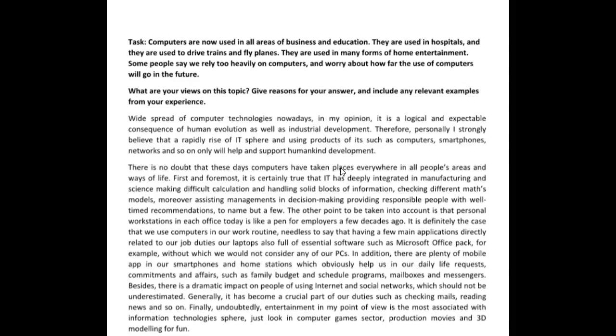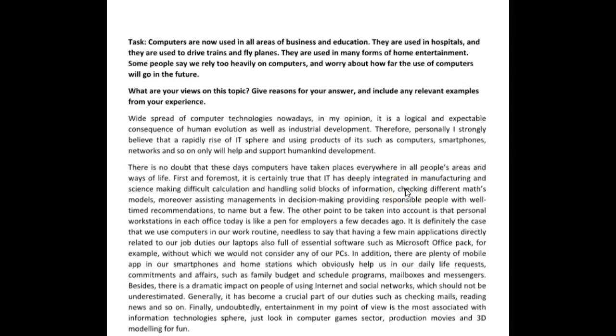Okay? First and foremost, it is certainly true that IT has deeply integrated, has become deeply integrated or has deeply integrated itself in manufacturing and science, making difficult calculations, plural, and handling solid blocks of information.